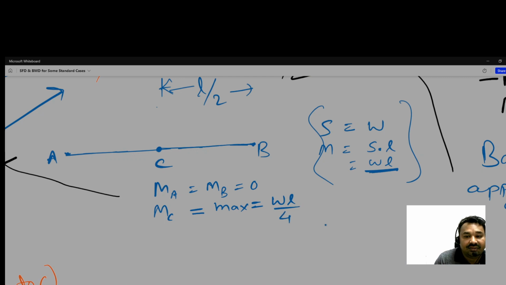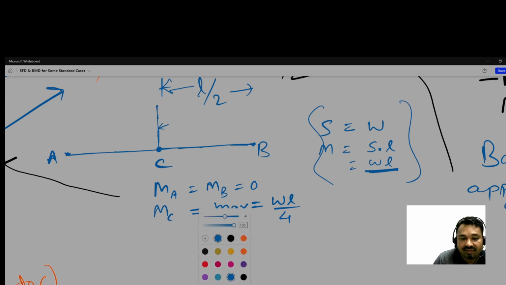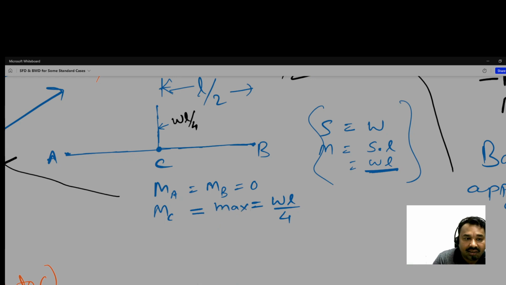Okay, so it is a positive value. So suppose this is the magnitude of WL by 4. Then from A to this side we have to match, and from here to here.